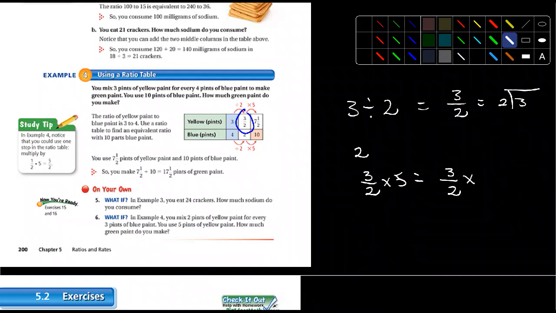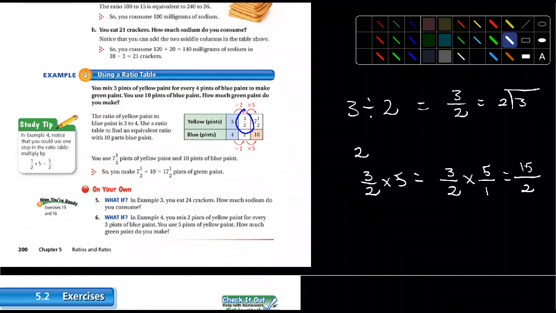What do we do to the 5? Yeah, 5/1. Okay. Anything else we can do with that? Can we do any cross-canceling? Do you see any cross-canceling we can do? Nope. Okay. So what's 3 times 5? 15. What's 2 times 1?